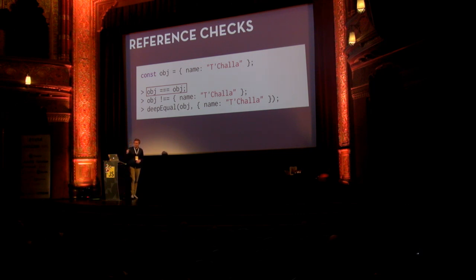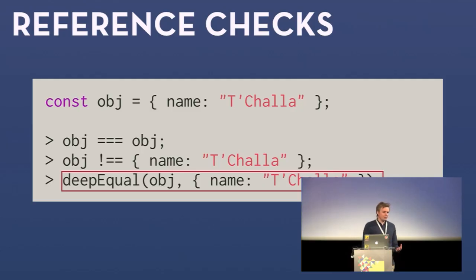The only thing we have to do is check if two references point to the same memory slot. If they are, their objects are equal. So this is a very cheap operation. Reference checks aren't costly at all, in contrast to deep value checks, which can be very costly, especially with large structures and large trees.